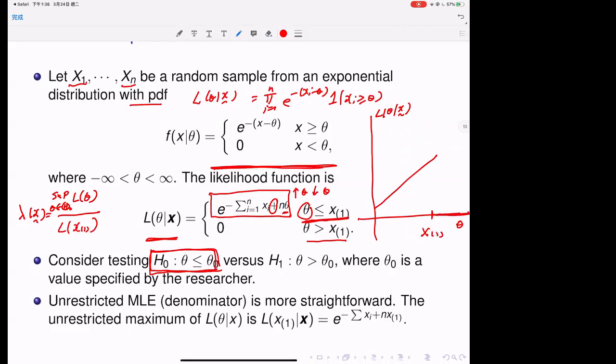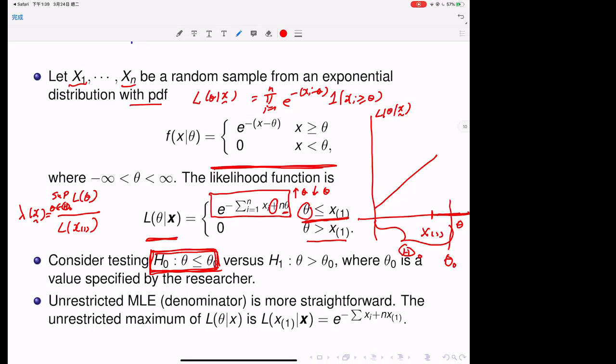Imagine that theta smaller than theta 0 is my null space, so theta 0 is the critical value. For example, if theta 0 is right here, then the whole region to its left is your null space.